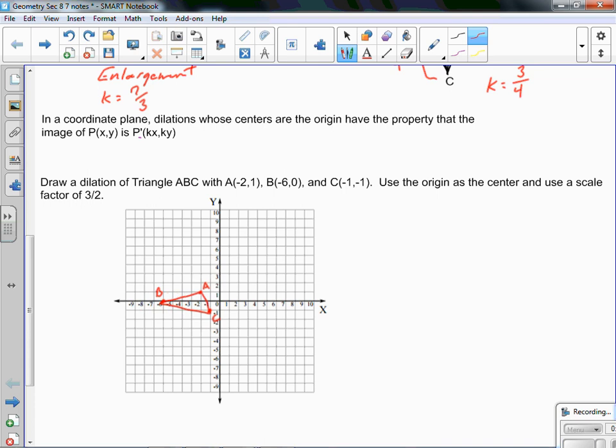And now, starting off, point A is -2, 1. Our K value is 3/2. So to get A prime, we're going to take our scale factor, 3/2, and multiply it times the original coordinates. So 3/2 times -2, and 3/2 times 1.